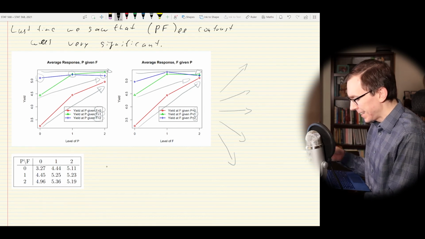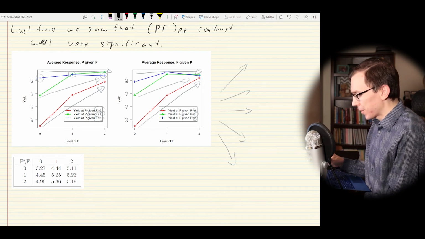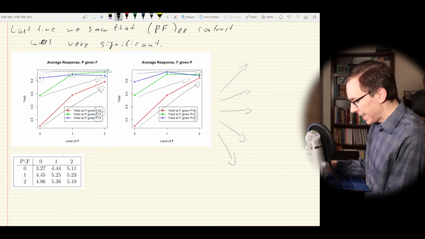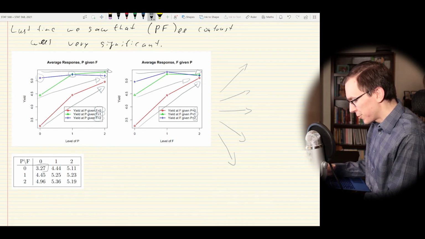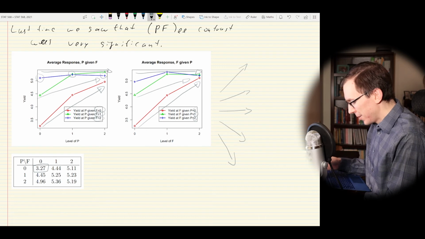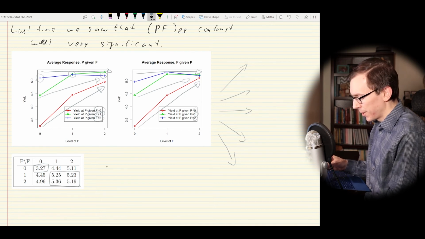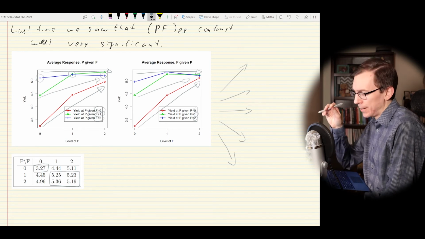This is the table version of these green and red dots that we're staring at in the plots above. We do see that when neither is present, we definitely see a drop in the yield. And when both are present, we see an increase of over 5. And when only one is present, we're somewhere around 4 or 5, like 4.5, maybe 5 if one is set to a high level.